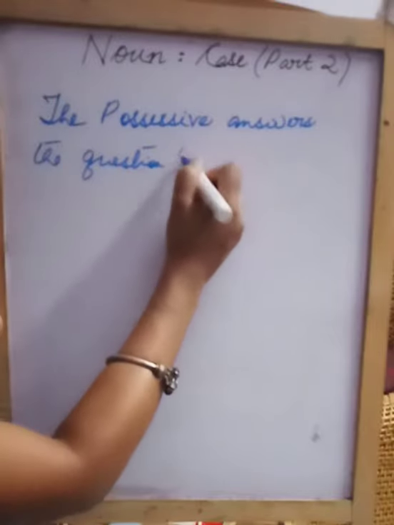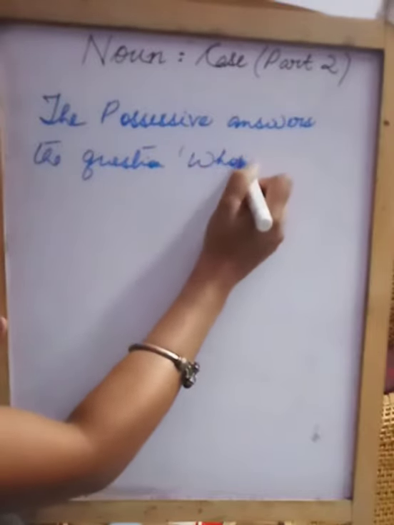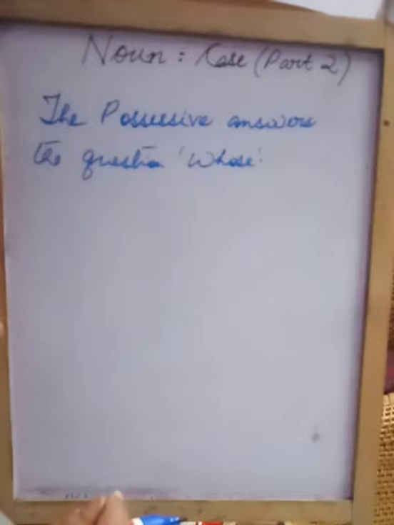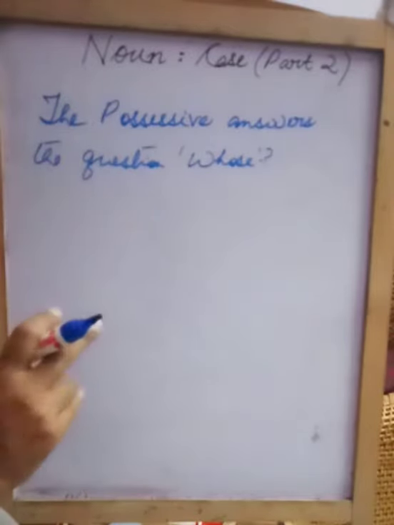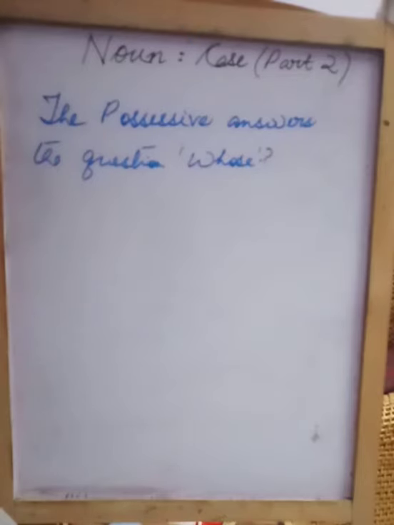So it will answer the question whose, isn't it? If you remember, for nominative also there were some questions. For nominative, the question we had to put was who or what. And for accusative, the question was whom or what. So similarly in possessive, we put the question whose. So let's see some examples.